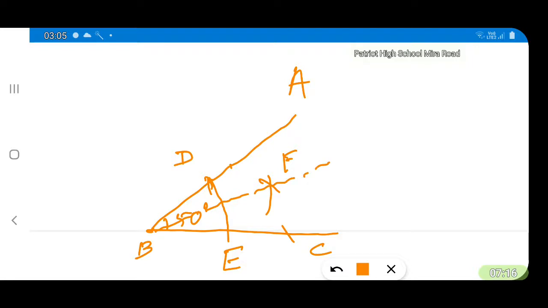So BF will be the bisector of angle ABC. It will divide the angle of 50 degrees into two equal halves, 25 and 25. So this angle will be 25 degrees and the other half will also be equal to 25 degrees.